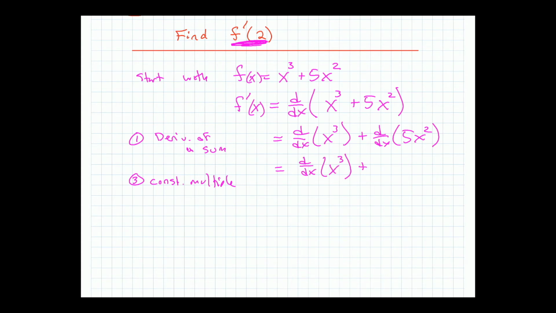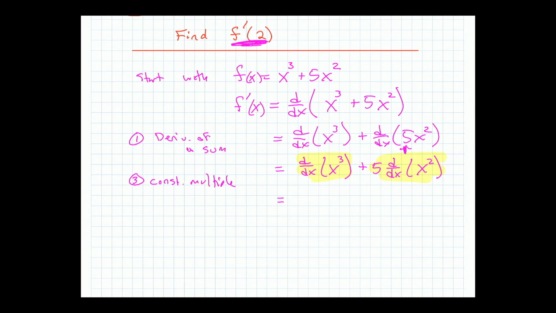And on the second one, we have a rule that says if you have a constant like this 5, you can just pull the constant out in front of your derivative. Like that. Once you have that, you do each of these derivatives separately. So you do this one, and then when you're done, you do this one.